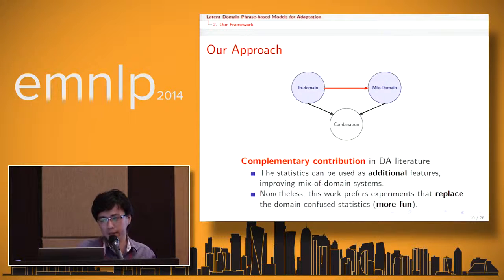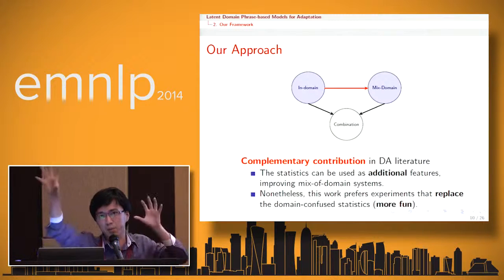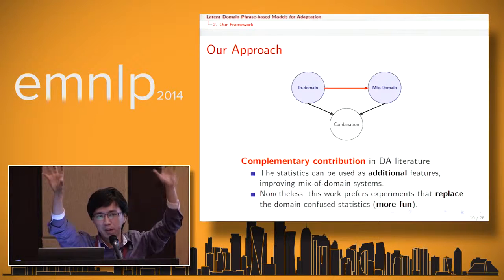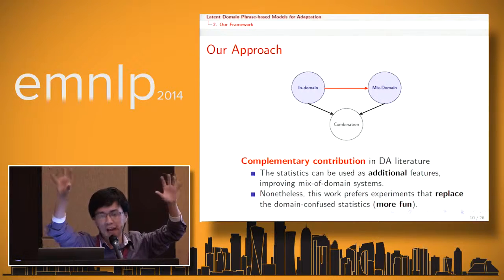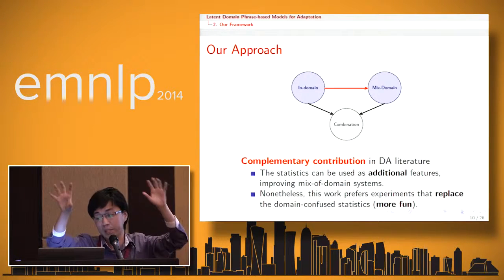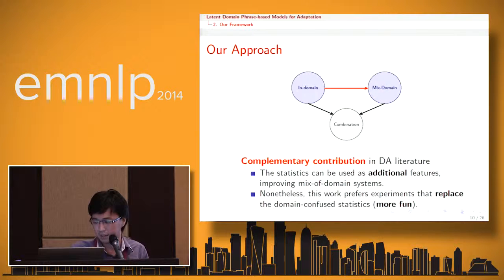This work can make a complementary contribution to the DA literature. The statistics can be used as additional features to improve the mixed domain data using in-domain as prior. But in fact, what we are interested in is how we can use the statistics to replace the baseline, rather than as an additional feature, because we think it's much more fun to do that.